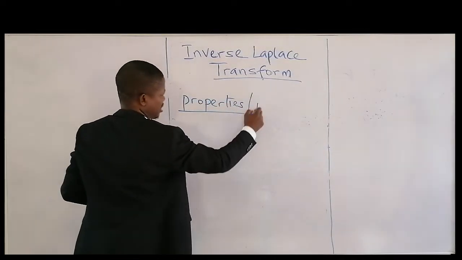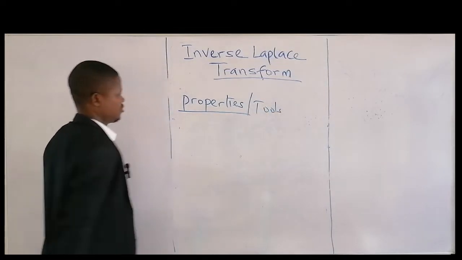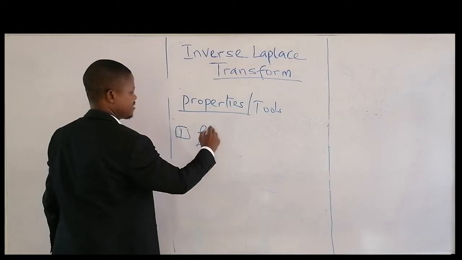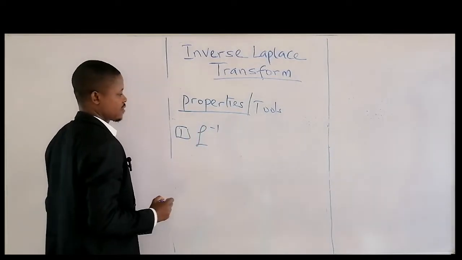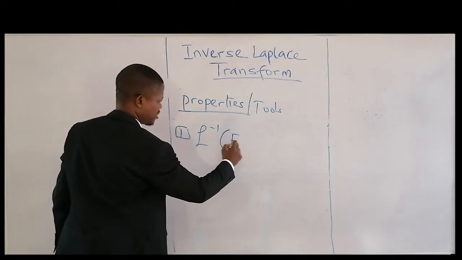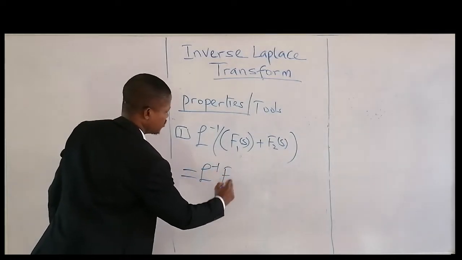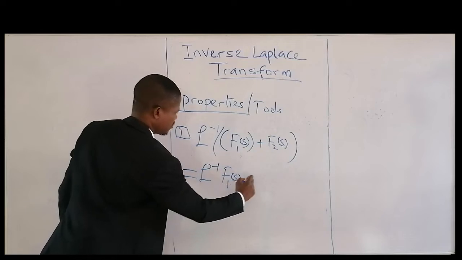Okay, let me recall some tools to use. The first one is that when you have the inverse Laplace of a sum of functions, this will be equal to the inverse Laplace of each of those functions.